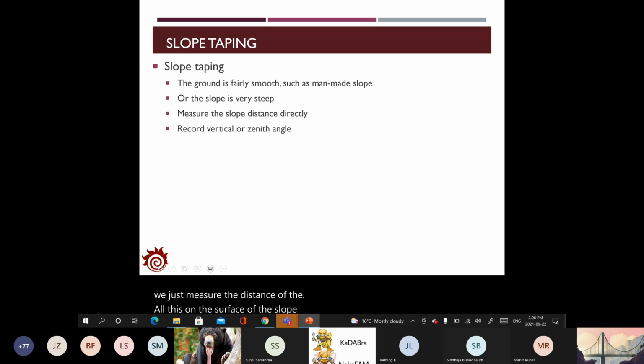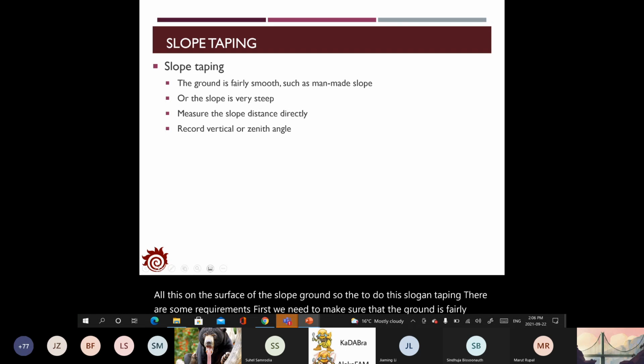So to do the slope taping, there are some requirements. First, we need to make sure that the ground is fairly smooth. Usually, if it's a man-made slope, that will be easy. But if it's a natural area, you need to find a place that is smooth enough, or you have to make sure that your tape is smooth. It's a line applied in a straight line.